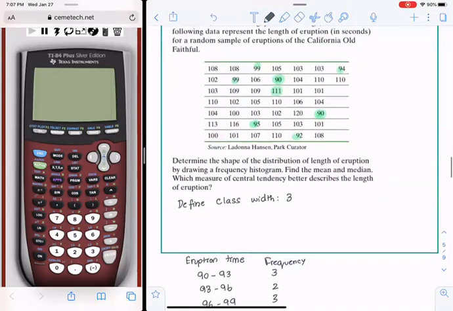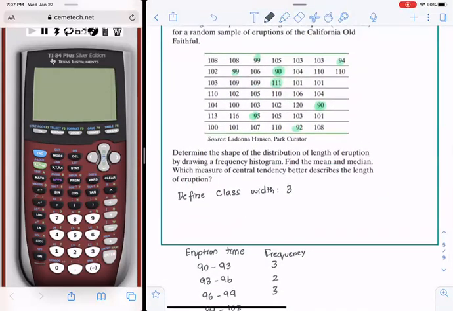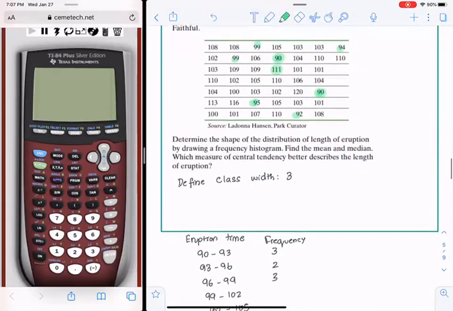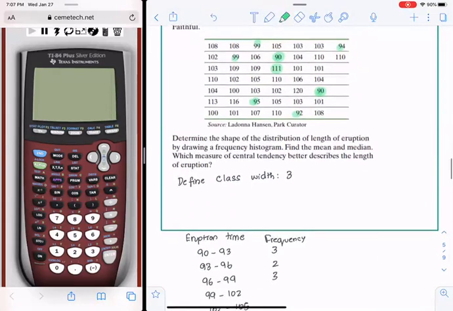99 to 102. We already counted 99, so I'm going to go for the other numbers. Let's include 102.